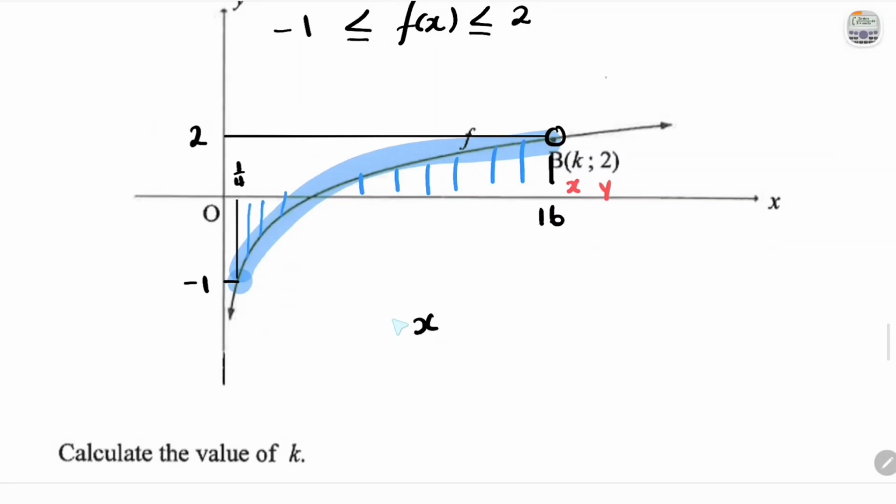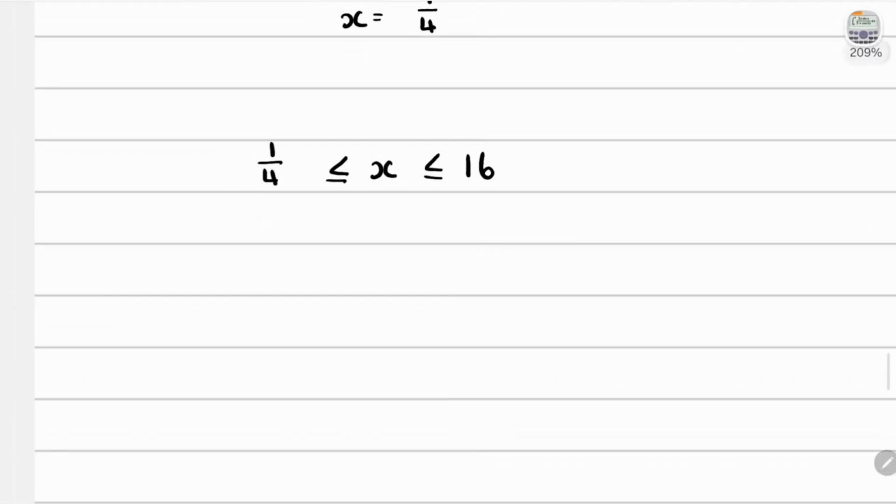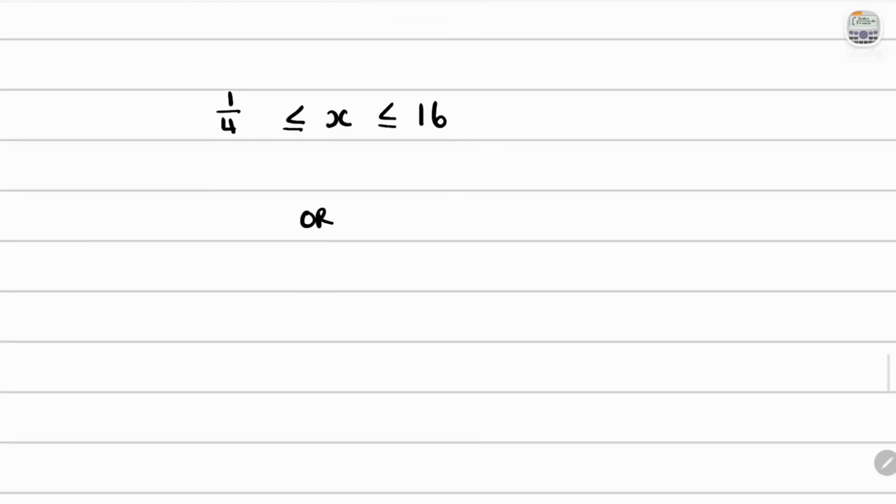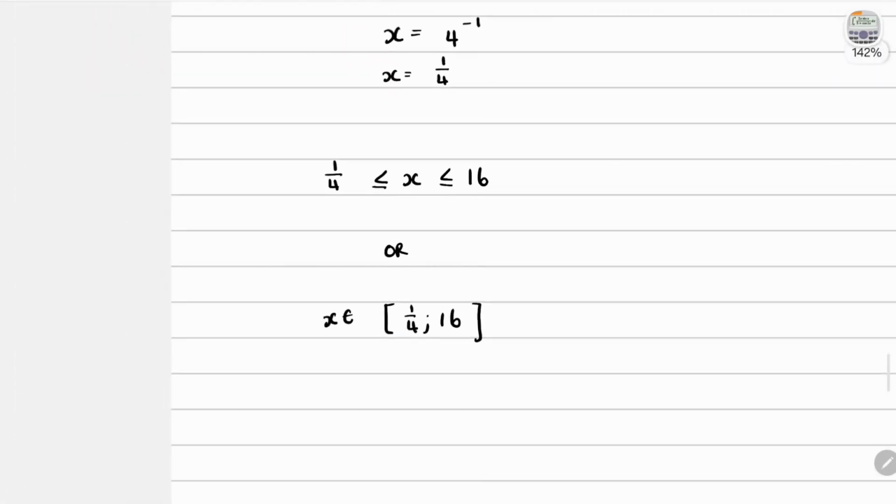So x is greater than or equal to 1/4, because at 1/4 the y value is -1, and they want it to also be equal to, but less than or equal to 16, and that's what our answer will look like. You can of course write these in intervals. So x is an element of, going from 1/4 to 16, using square brackets since these are two included x values. And that is it for that question.